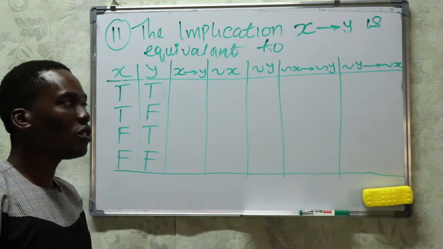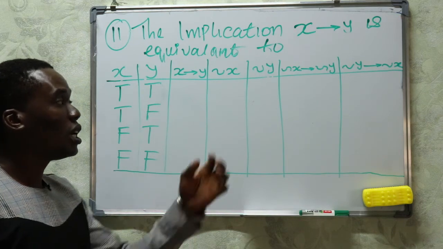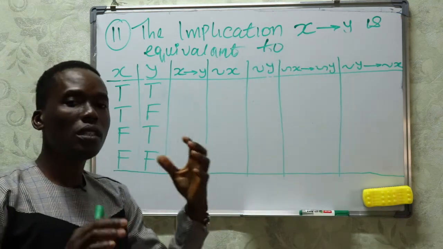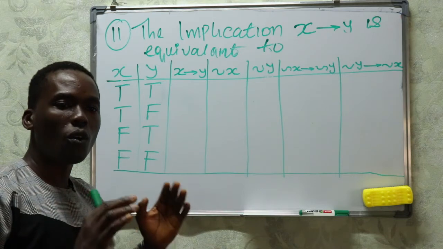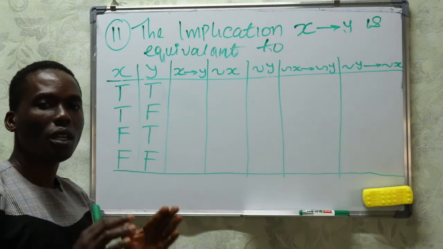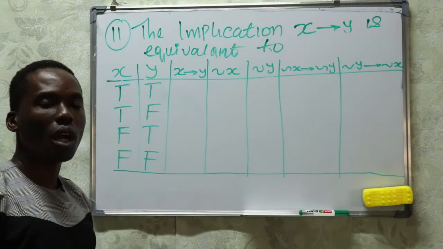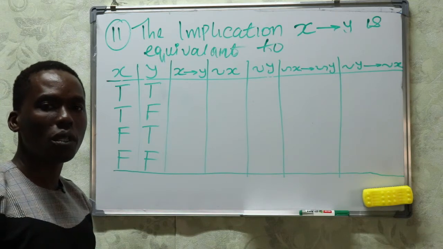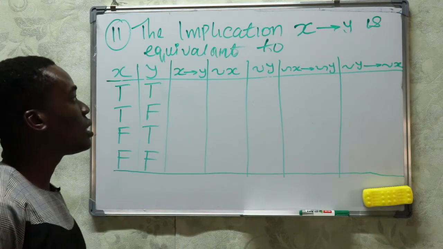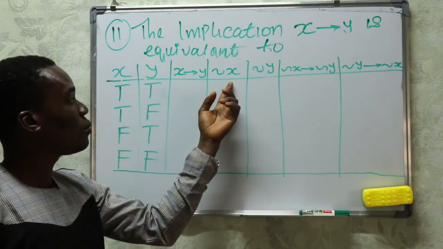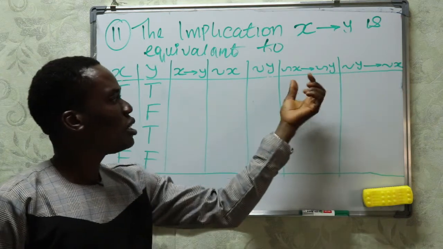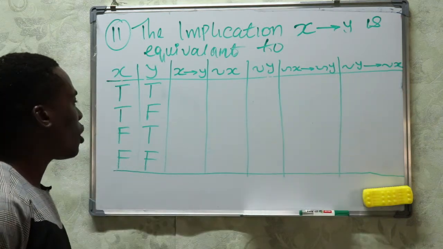It all depends on the statement you are trying to do. This is a question on a conditional statement which involves implication, and we have the biconditional statement which involves equivalence. Now we are going to look at the negation of this, and then compare it to these two values that are given in our options.